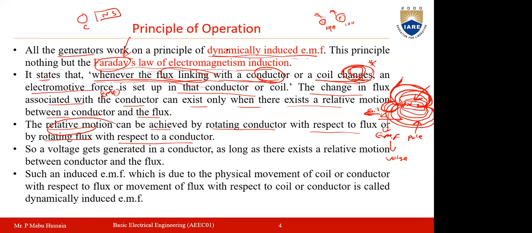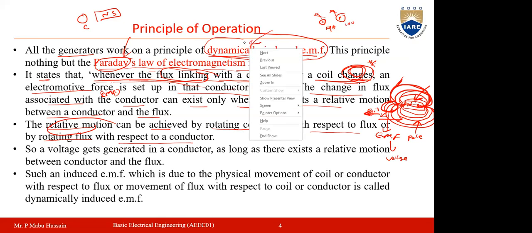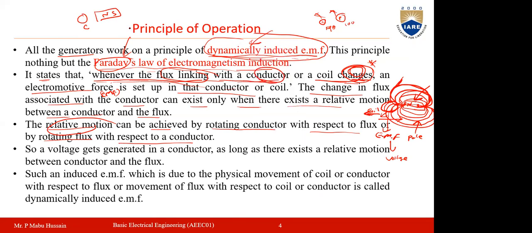Now here, as I said before, this generator works on the principle of dynamically induced EMF. Dynamically induced in the sense the conductors are rotating. So if you rotate the conductors, the EMF induced in the conductor is called dynamically induced EMF.